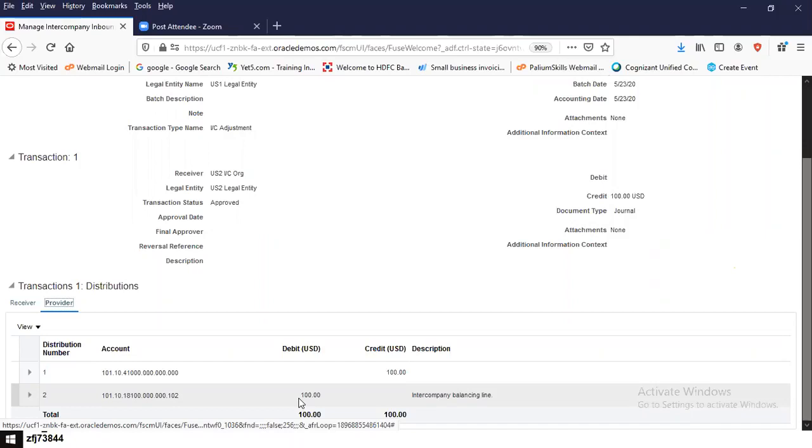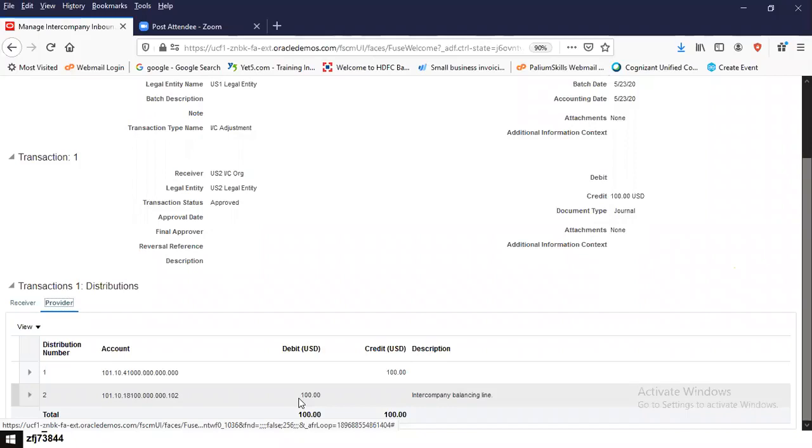So basically, what they are doing is generating the corresponding balancing entries automatically based on the intercompany transactions that you are dealing with. So the intercompany rules are set up.